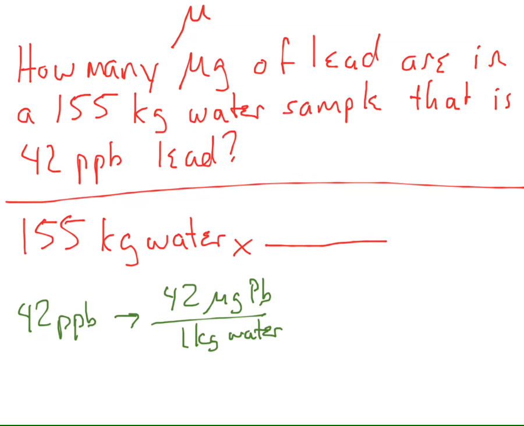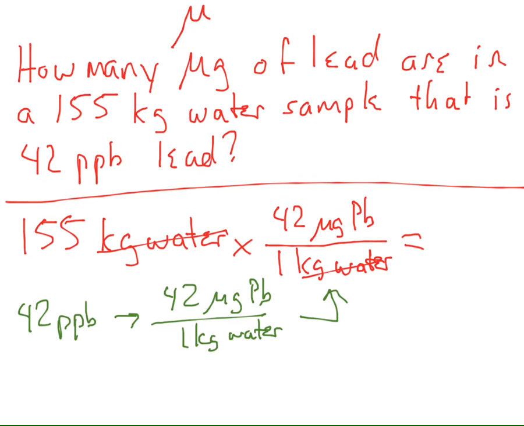So I can use that then as my conversion factor and stick it right in there. So 42 micrograms of lead per 1 kilogram of water. So kilograms of water would cancel. I can punch that in my calculator and see what we get here.